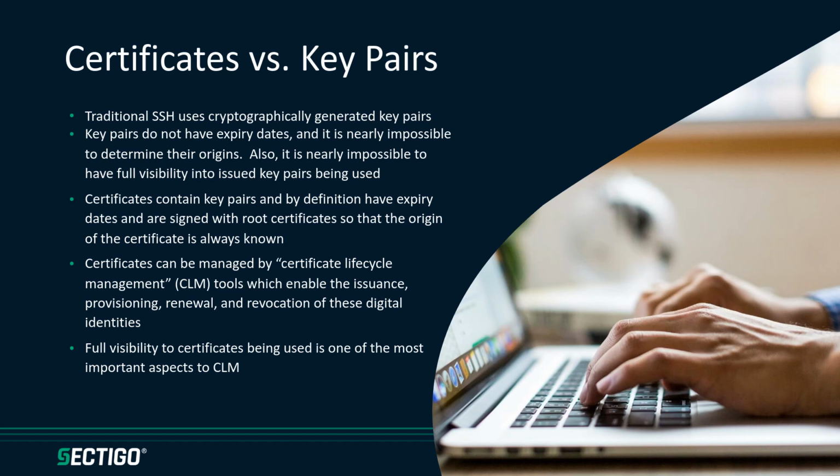When was it generated? Think of any governance program worth its salt, it is going to ask all those questions. And those questions are answered by turning those key pairs into certificates, wrapped inside of policy. It gives you all that visibility for governance purposes.